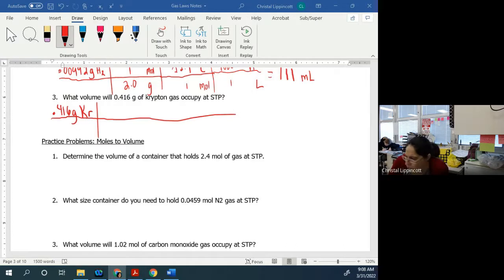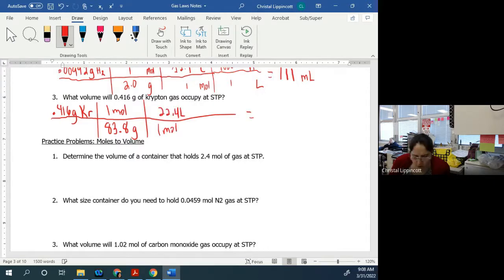All right, so krypton. Dimensional analysis, so putting the grams on top. 83.8 grams is 1 mole, and 1 mole is 22.4 liters.